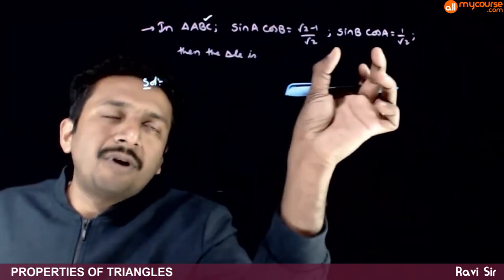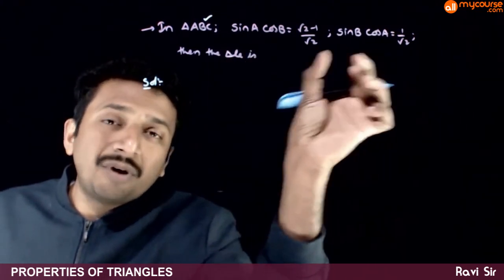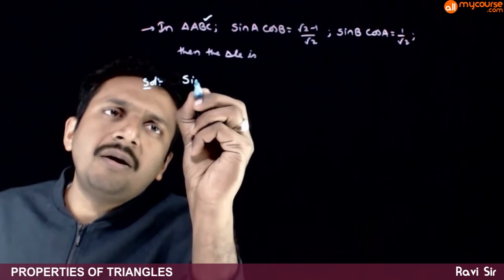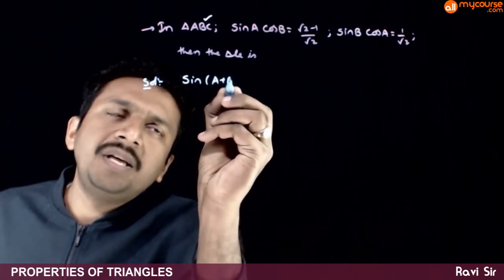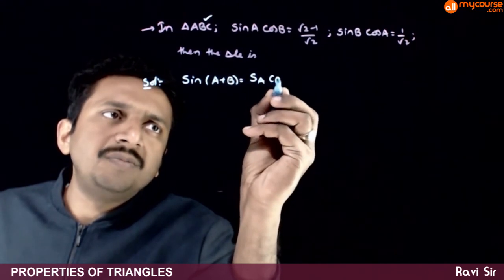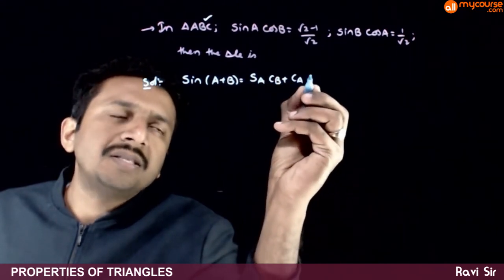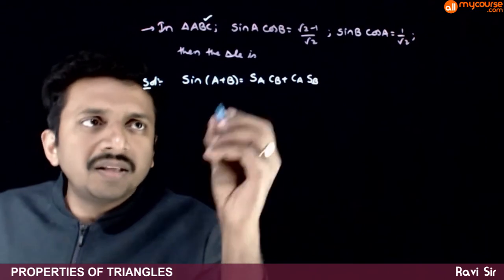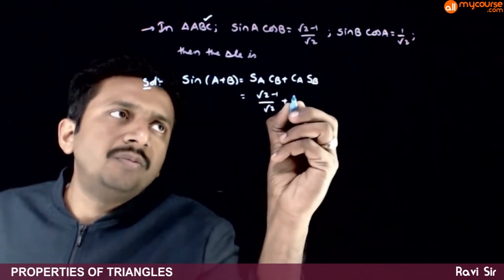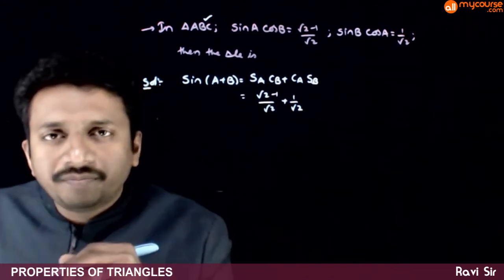So this looks like the terms in the formula sine of A plus B and sine of A minus B. So we know that sine of A plus B is equal to sine A cos B plus cos A sine B. That is equal to root 2 minus 1 by root 2 plus 1 by root 2.